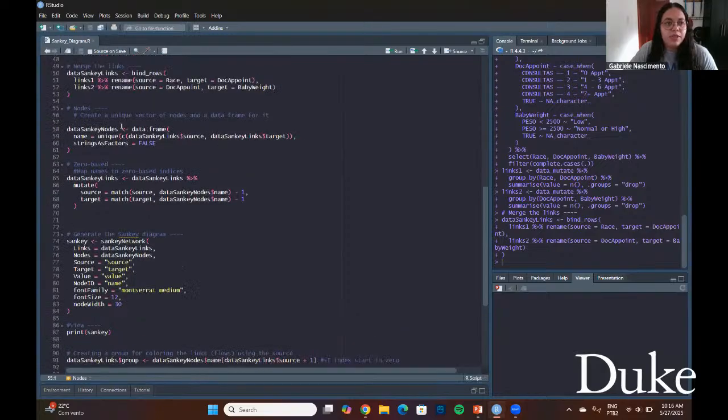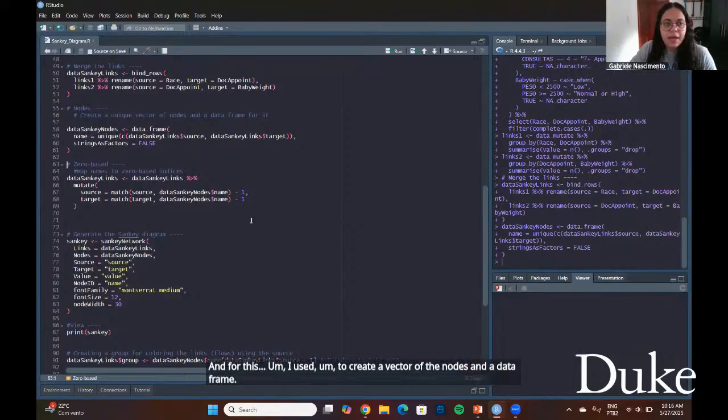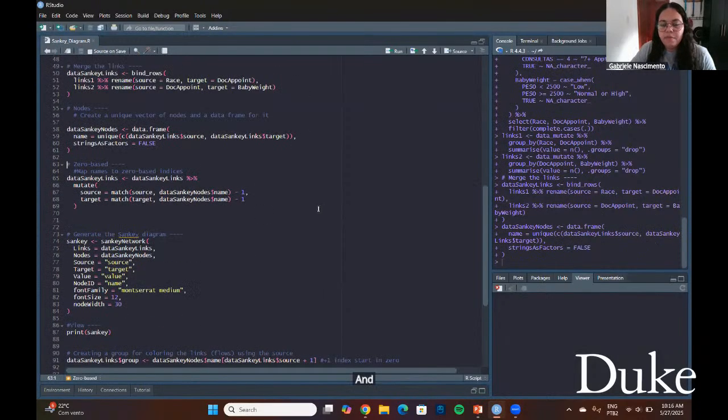And then I came to the nodes, which are the boxes with the source and the targets. For this, I created a vector of the nodes and a data frame. And for this package, it requires the name to be a zero-based index.